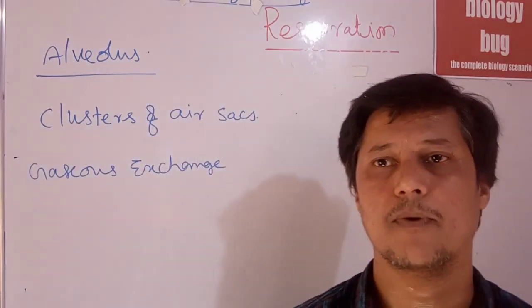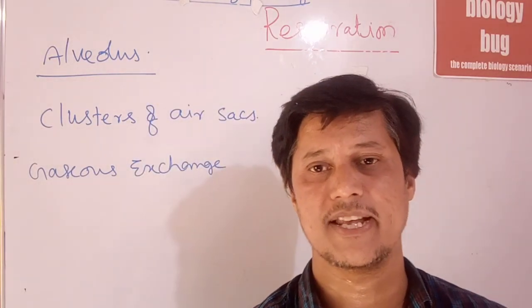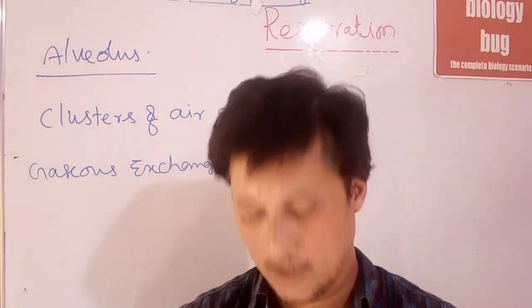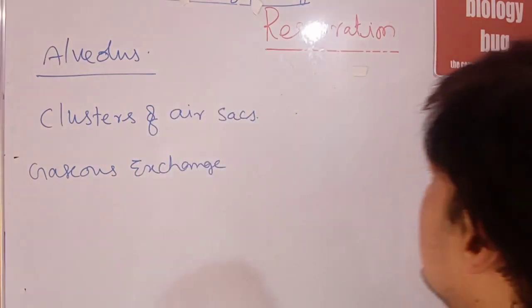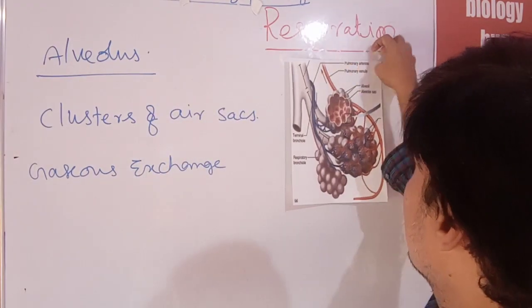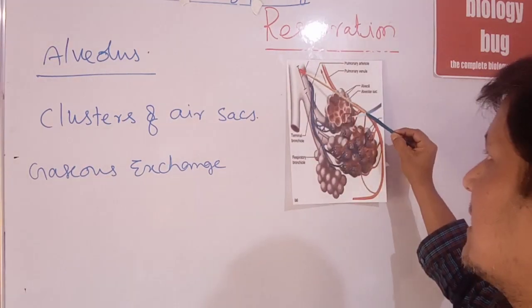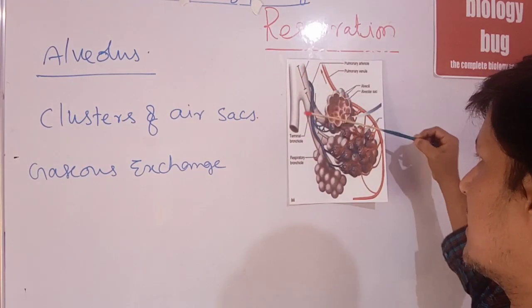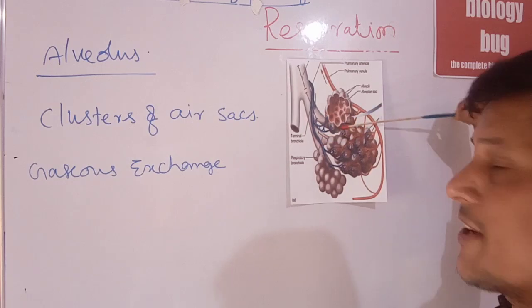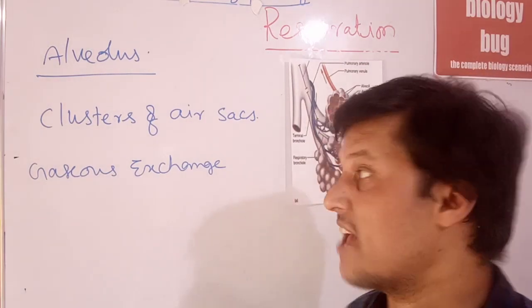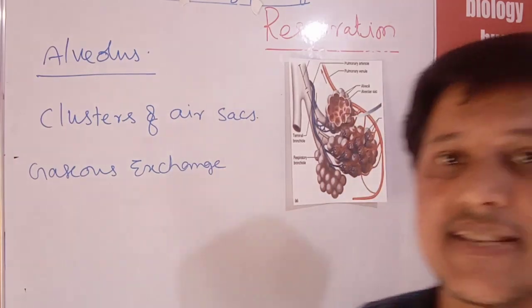So the next respiratory part is the alveolus, at the end of the bronchioles. The bronchus ends as bronchioles. At the end of the bronchioles, they have clusters of air sacs.